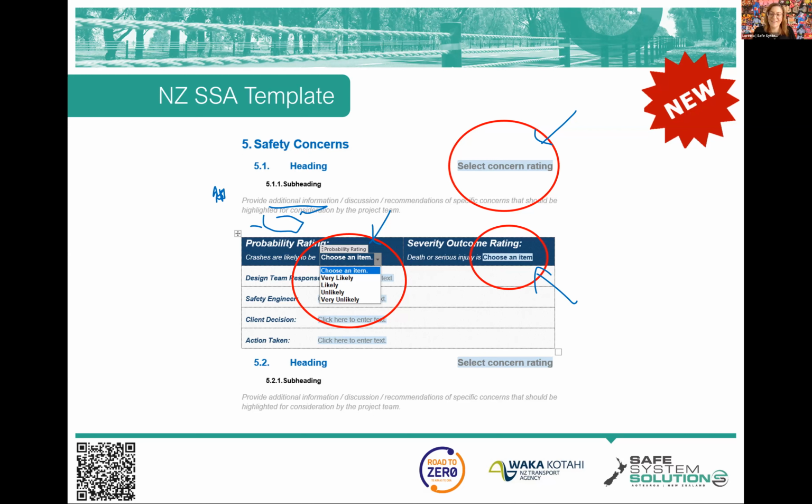And on that, would speed management be a primary treatment? So speed management is a primary treatment if it brings speeds under the threshold limit for that crash type.